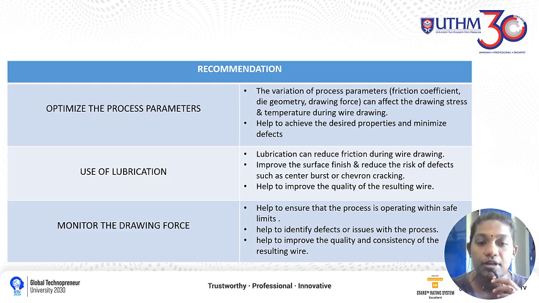It also helps to achieve the desired properties and minimize defects. Next will be the use of lubrication. Lubrication can reduce the friction during wire drawing. It also helps to improve the surface finish and reduce the incidence of defects. Lastly, it helps to improve the quality of the wire drawing.